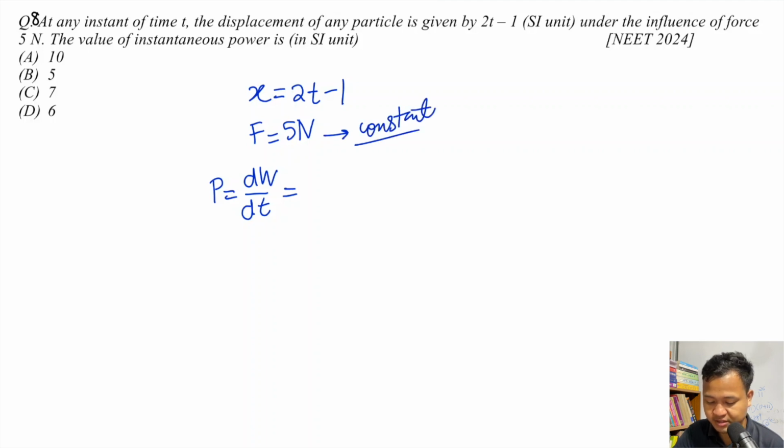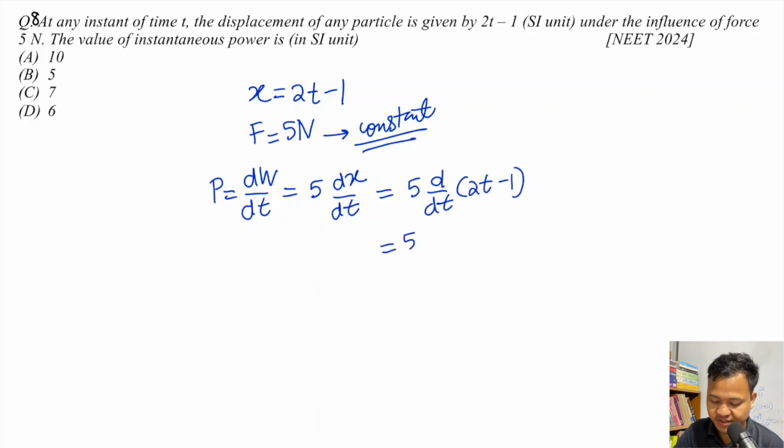So I take out dx, I have dx by dt. So 5 into d by dt of 2t minus 1. 5 into 2t differentiates to 2, and 1 differentiates to 0. So the power is 10 watt.